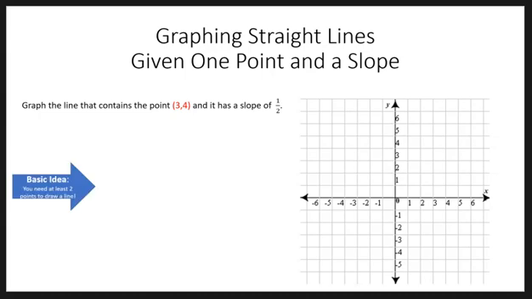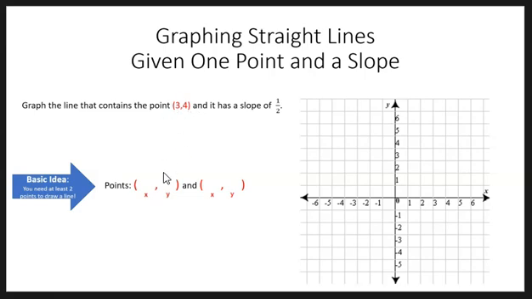That's the basic idea. So I'm going to set up my 2 ordered pairs, my pairs of numbers where each pair is 1 point. The good thing is I already know one of these 2 points. It was given to me: (3, 4). Remember, every point has an X and a Y, also known as the X and Y coordinates.